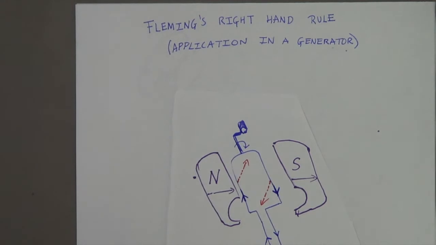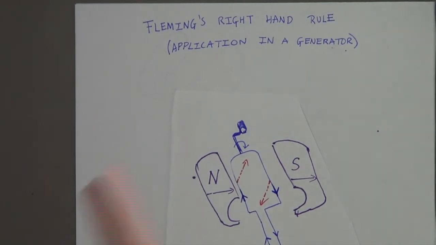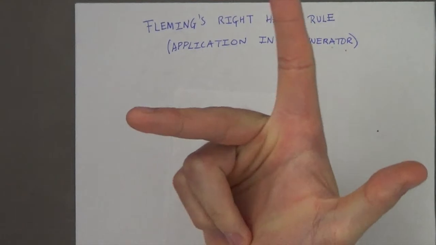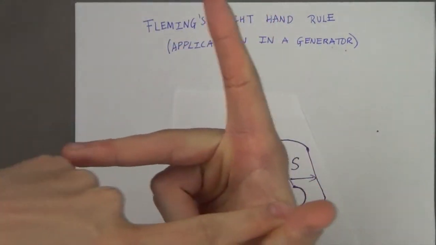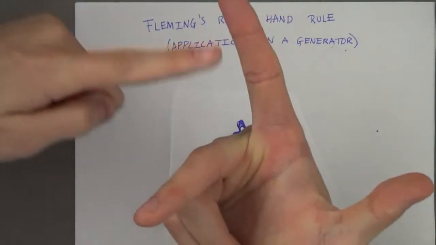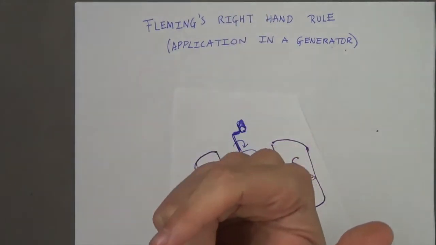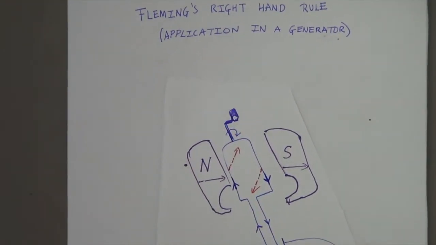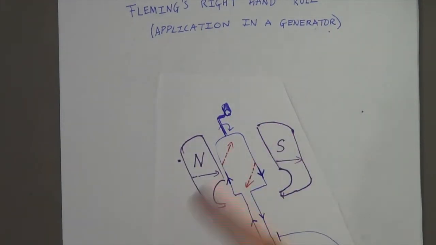Okay, so we're going to do Fleming's right-hand rule now and apply it to a generator. Basically the same thing, exactly the same thing, except we're using our right hand, and also make sure 90 degrees between every finger, like I've got there. So, what is a generator? Basically, in every power plant, you've got some sort of rotational movement.